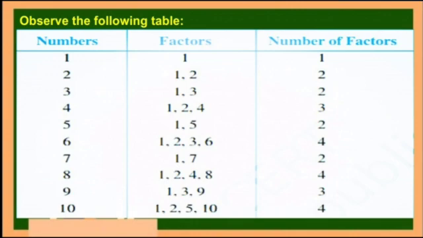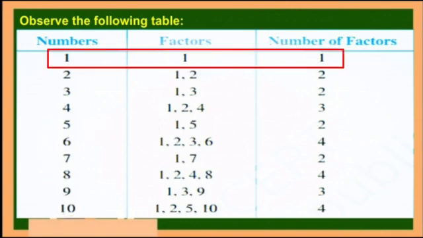So, these numbers which have more than 2 factors are called composite numbers. Then what about 1? 1 has only one factor. So we can say that 1 is neither prime nor composite because it does not satisfy any of these conditions.